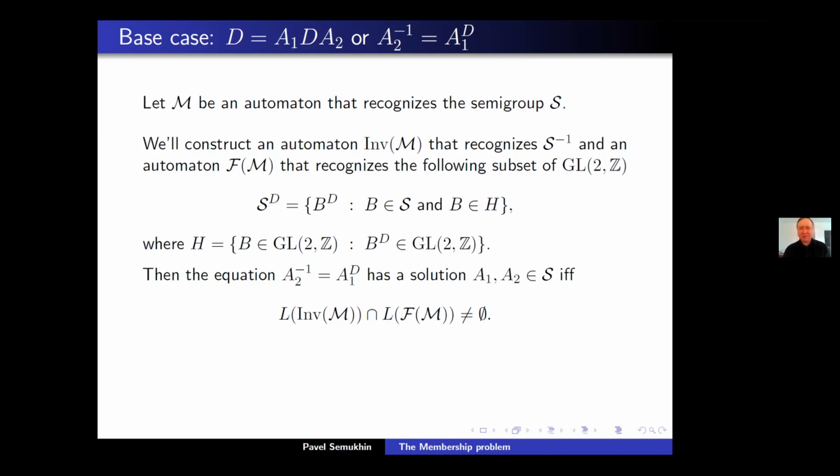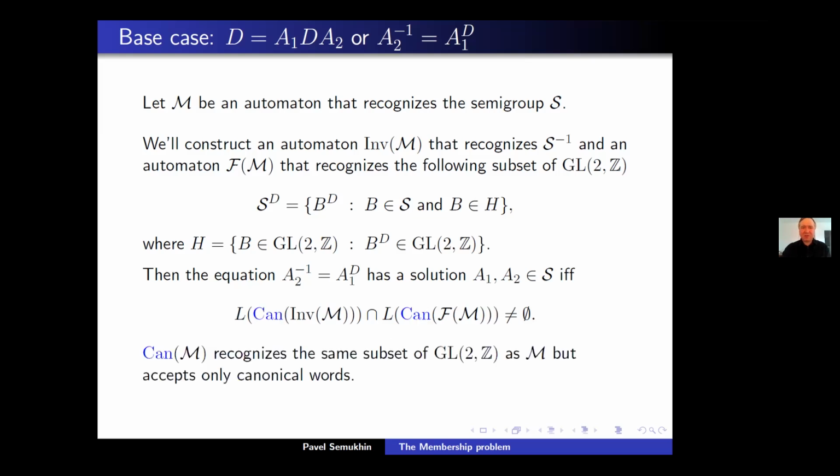To find a way around this problem, we need to insert an additional construction of what we call a canonical automaton, in the following sense: for every automaton M, this can of M is the automaton which recognizes the same subset of GL2Z as M, but it accepts only canonical words.